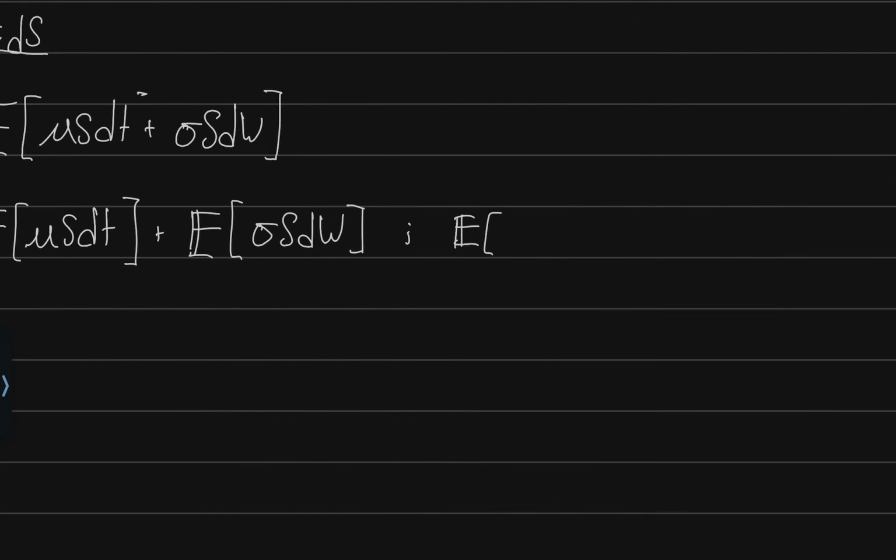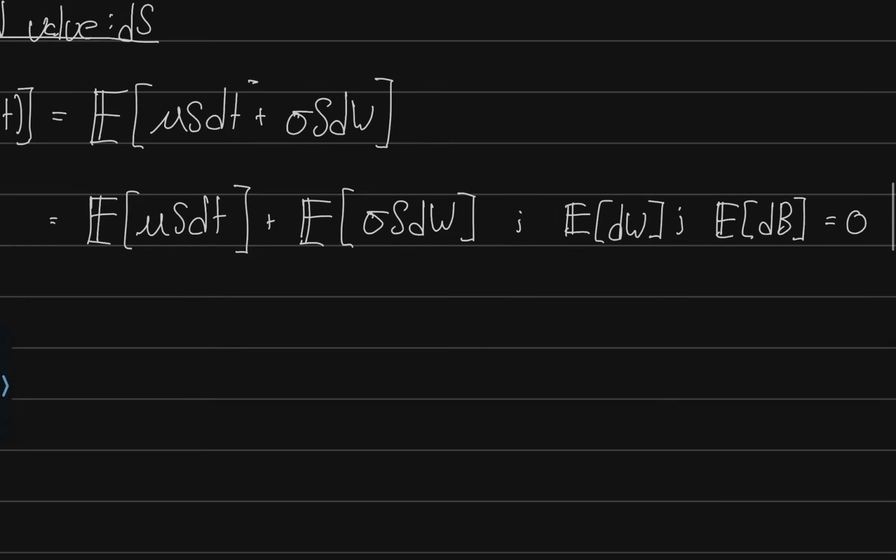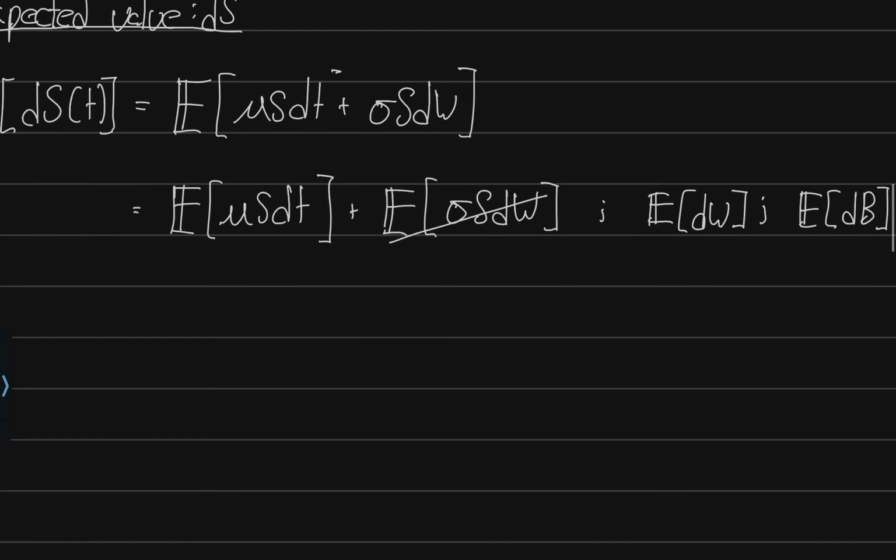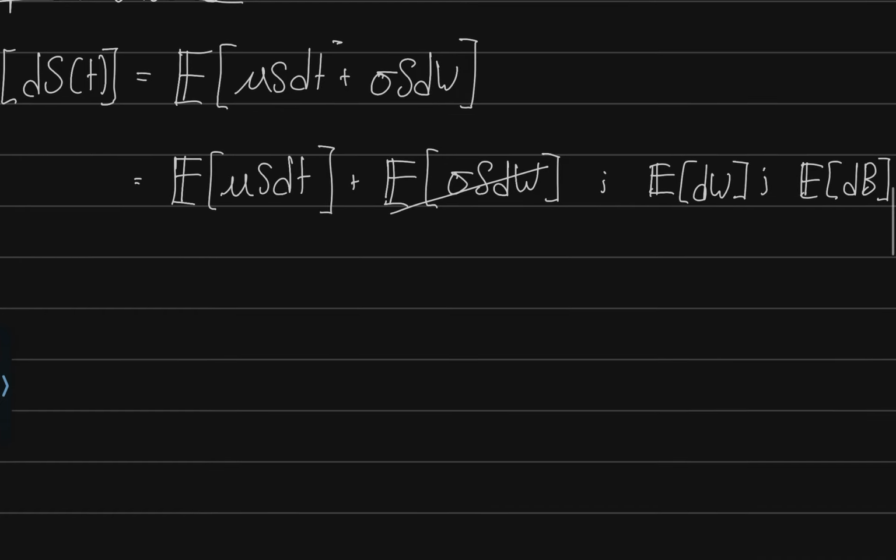You'll see that pretty often in the literature, but we know that the expected value of our dW, or our expected value of our dB, is going to be equal to 0. So therefore, this term cancels out. Essentially what we're left with is our expected value of mu S dt, which has no randomness.